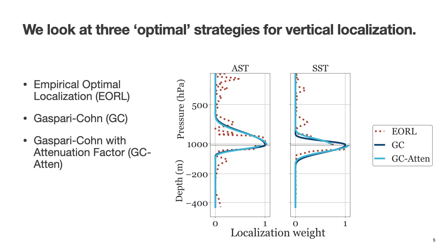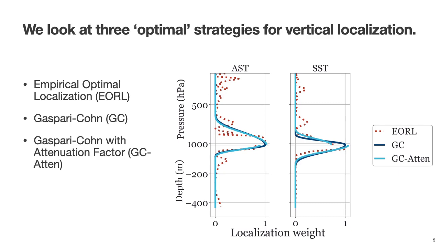Basically, at every level of the atmosphere and then the ocean, we're just setting the optimal localization weight for that level. There's no parametric form enforced here, no regularity or anything that we're enforcing. It's just the optimal weight for that level.